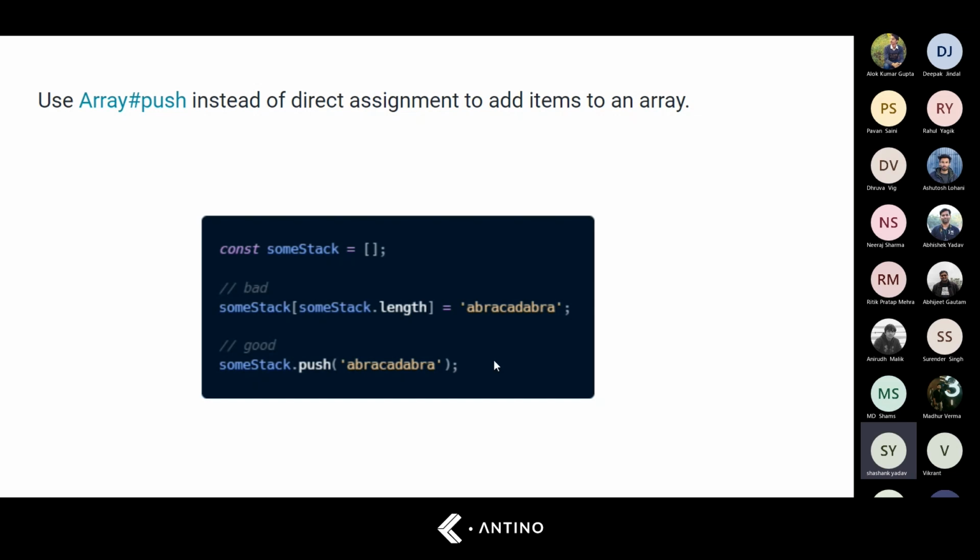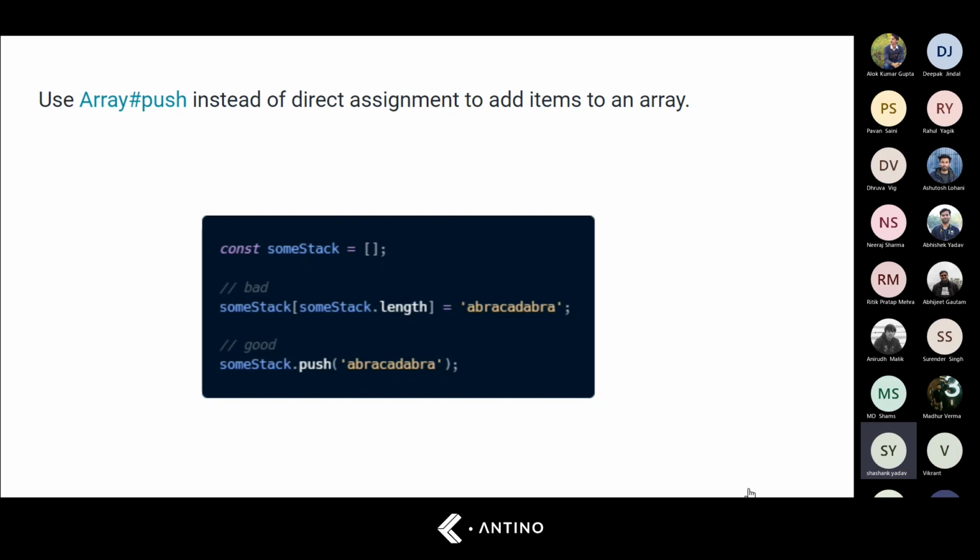The main gist to understand in this slide is why we are not following the dot length approach, and why we are using the dot push method. The main reason is that whenever we are making an iteration, and on every iteration we are adding something new to an array, it will go to the array again and again and find its length. That takes some execution time.